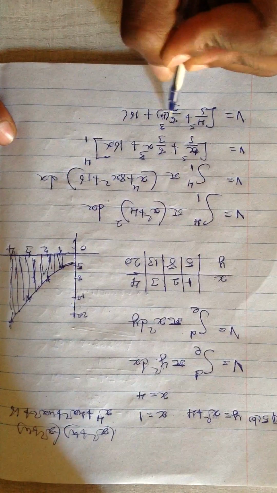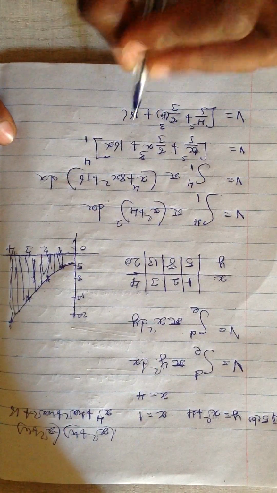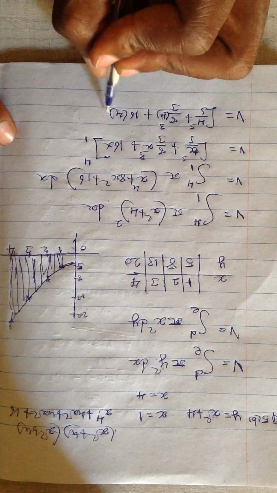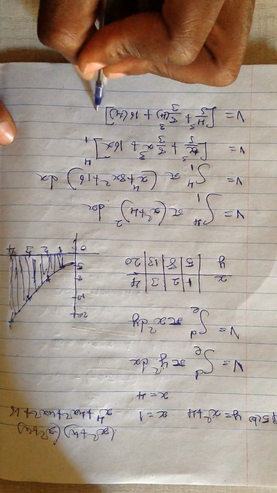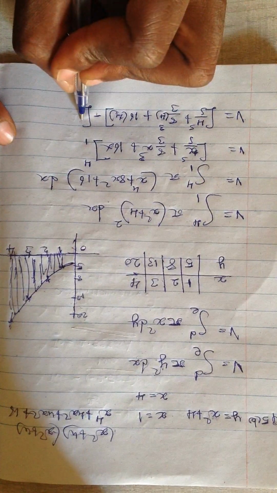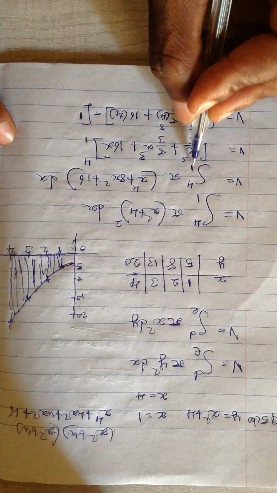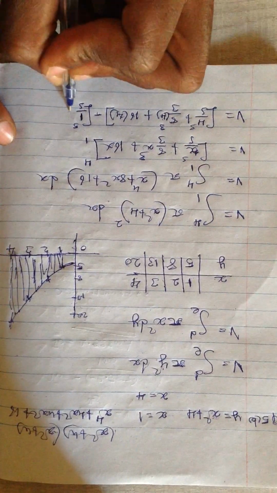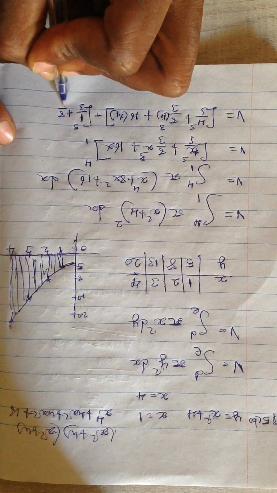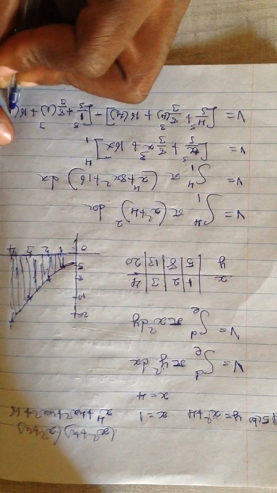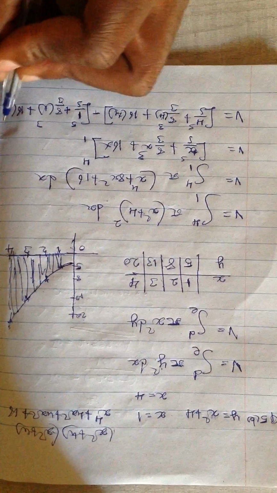So it will be 8 over 3, 4 raised to power 3. So here it will be 16, open bracket, we have our 4 here, we close, minus. Remember, now we come with the 1 part. Where there's x we substitute with 1 raised to power 5 over 5, plus 8 over 3, 1 raised to power 3, plus 16, open bracket 1, that's all, we close.